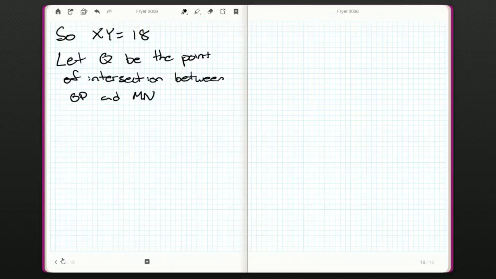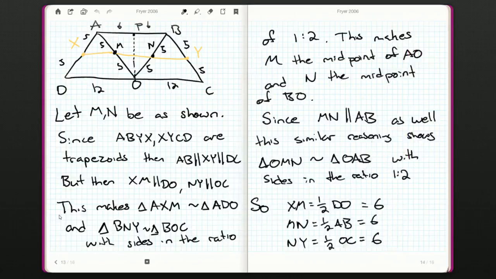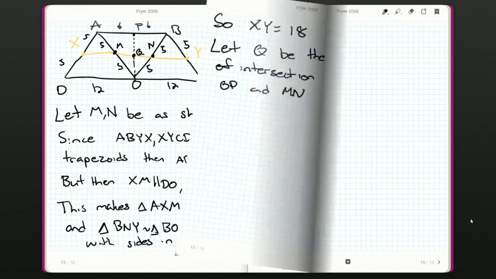Let's define ourselves a new point, Q. He's going to be on OP and MN. So OQ is going to be the height of our bottom trapezoid, and PQ is going to be the height of our top trapezoid.